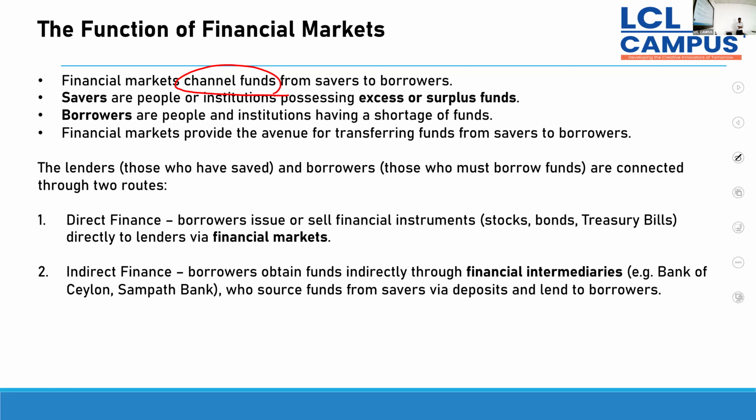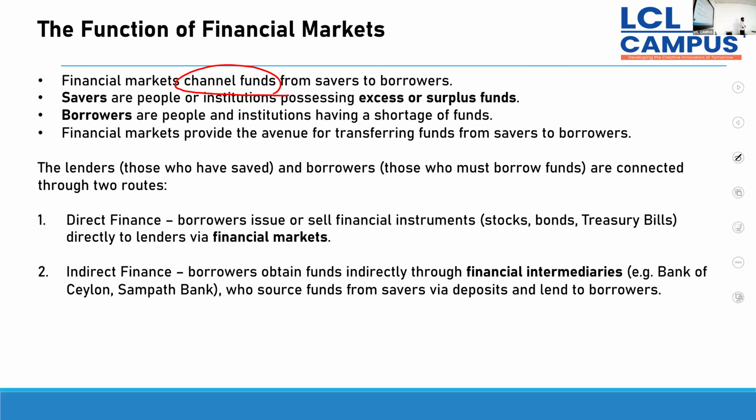It can happen in two ways in a financial system. The first one is direct finance, the second one is indirect finance. Direct finance: if you borrow funds through financial markets.